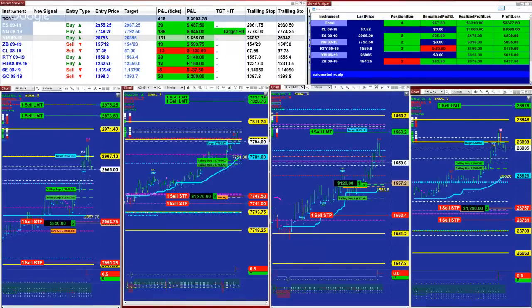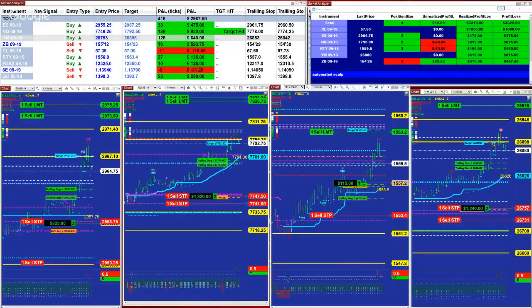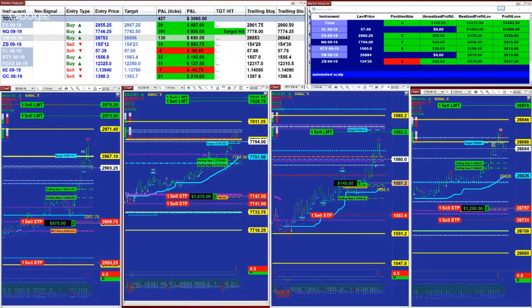This is another example on the ES trade. Let me get it bigger a little bit.